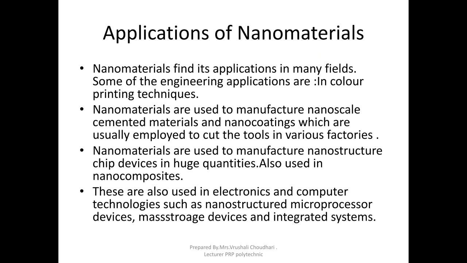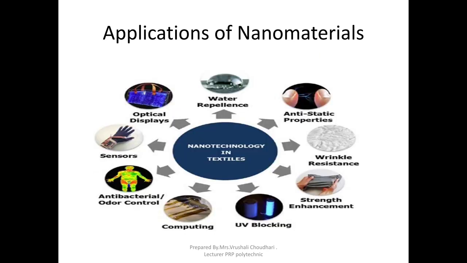It is used in electronics and computer devices. Optical display, water repellency, anti-static, wrinkle resistance, strength enhancement, UV blocking, and antibacterial properties can be achieved by using nanotechnology in textile science.